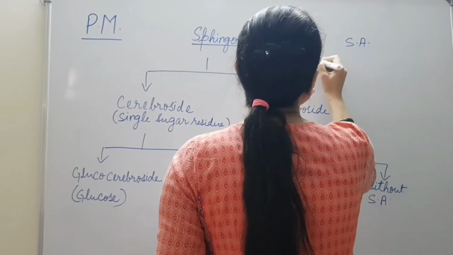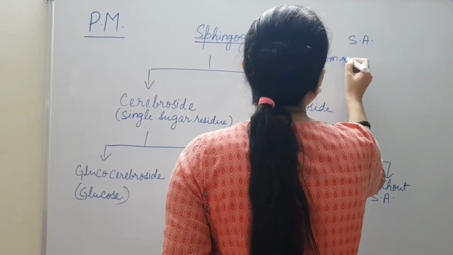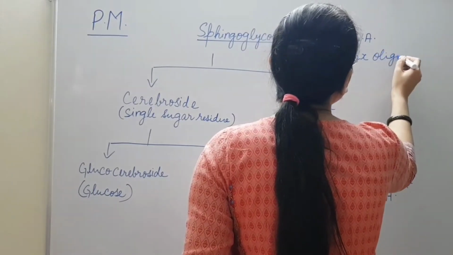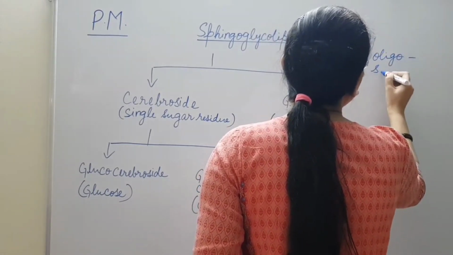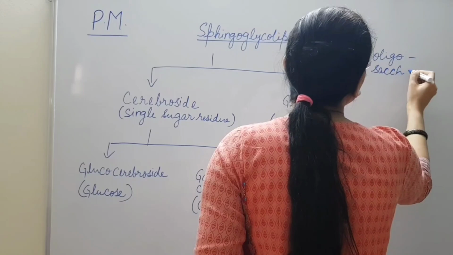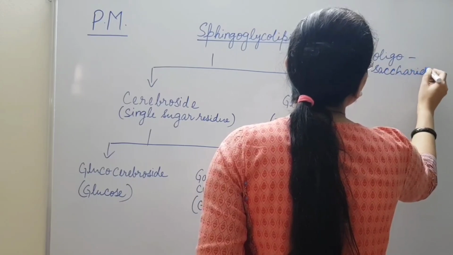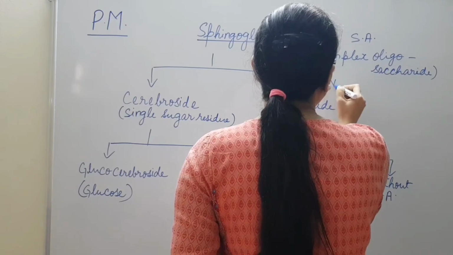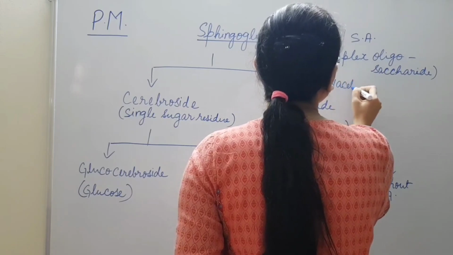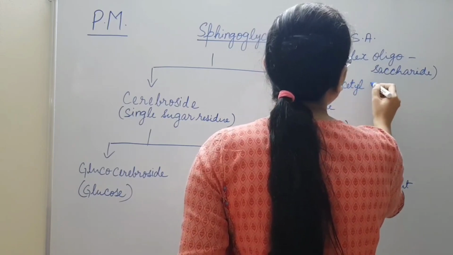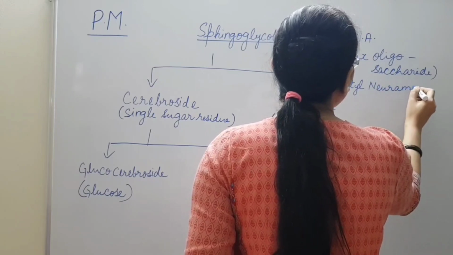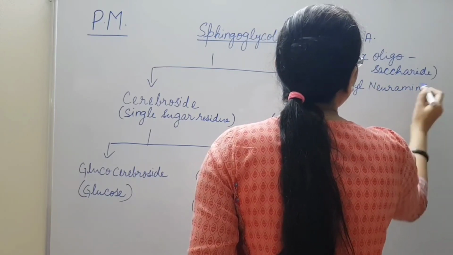This sialic acid is a complex oligosaccharide known as N-acetylmuraminic acid.